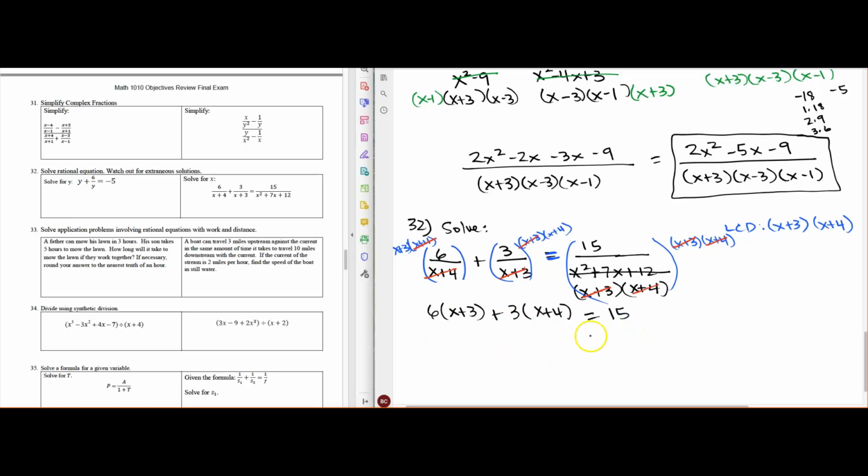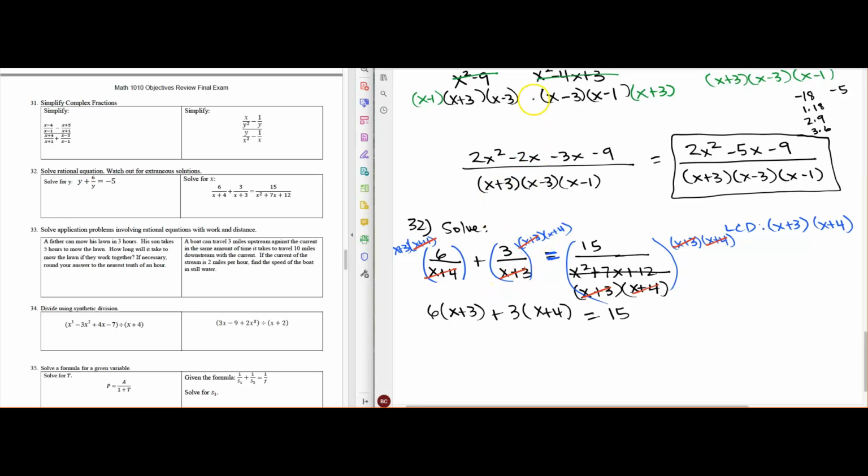Looking at this, I can totally solve this, okay? But remember also, I meant to write this at the top, whenever we're trying to solve something with fractions, remember that we can't divide by 0.